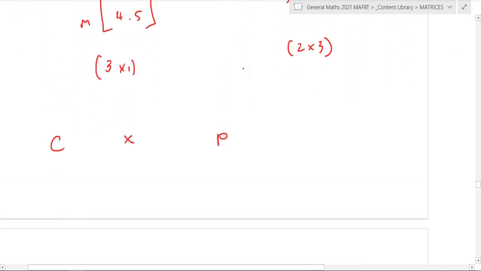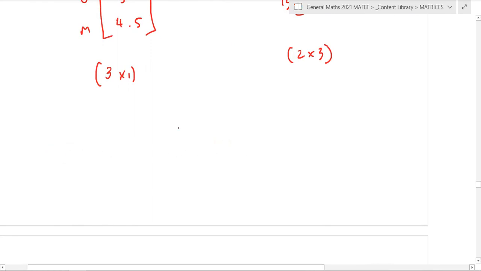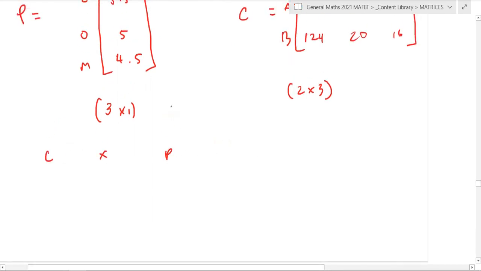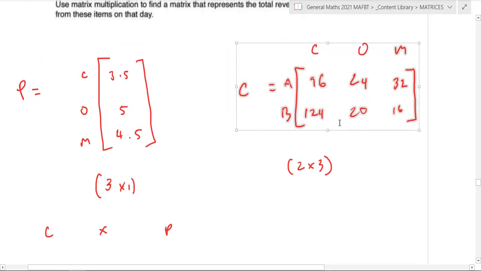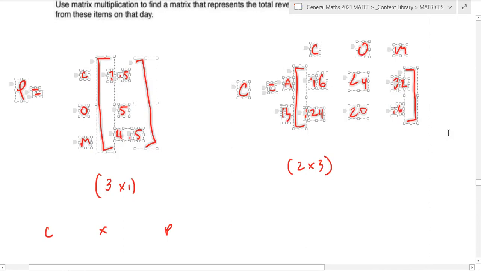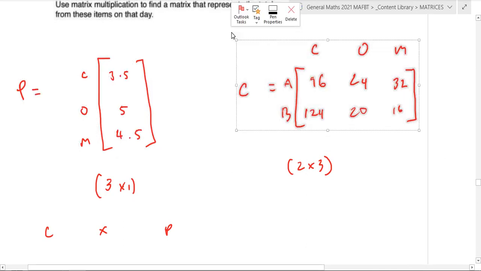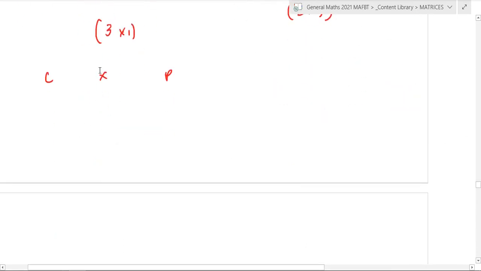So let's put that in. C times P. So C matrix right here. So this matrix, put it down here.